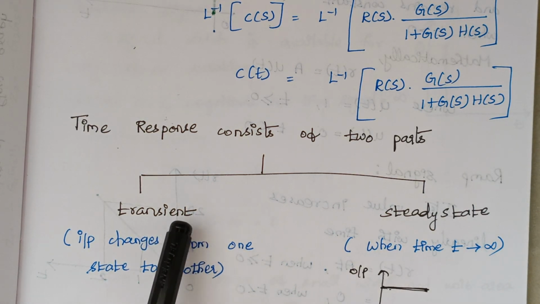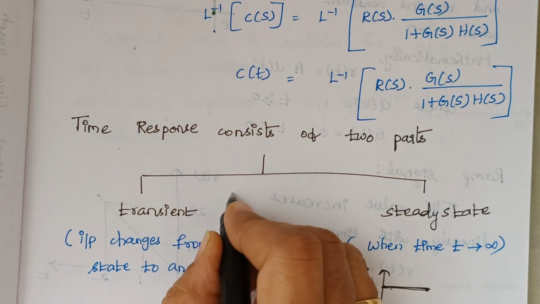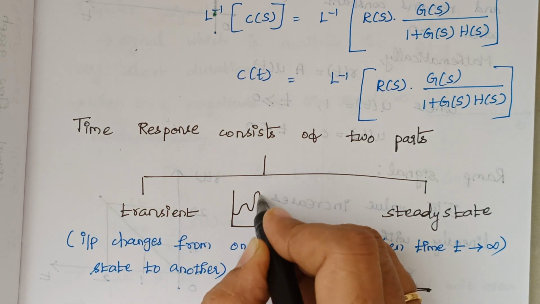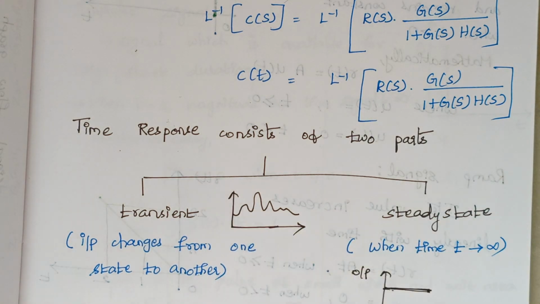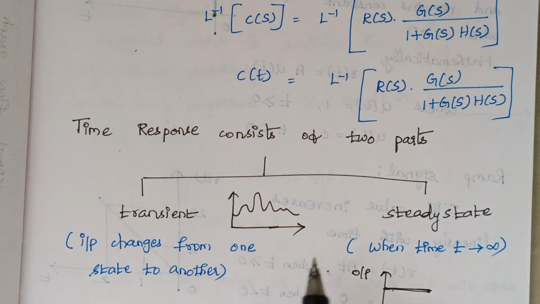So the output of this transient response will be varying continuously. For example, we can even take this as transient response because it is the response which varies with respect to time. In other words, as the input changes, the output of the response will also get changed, right?